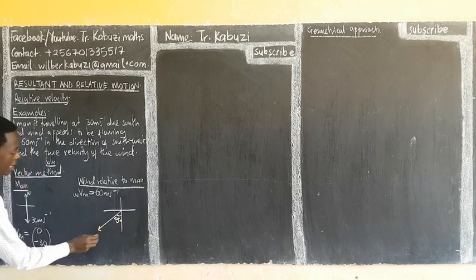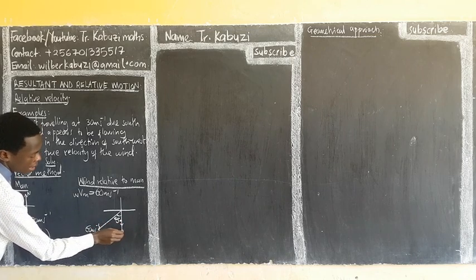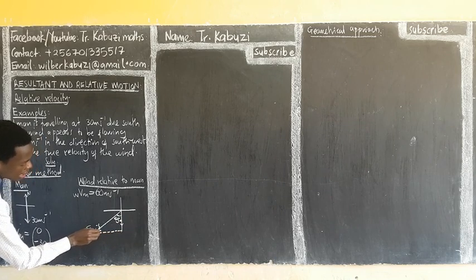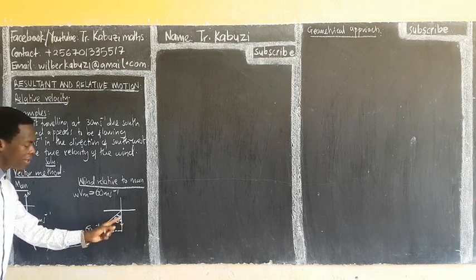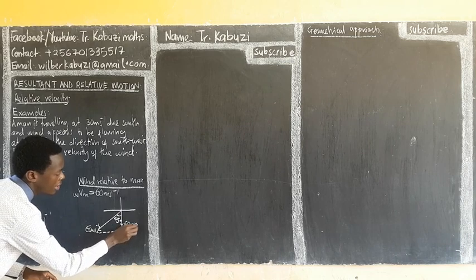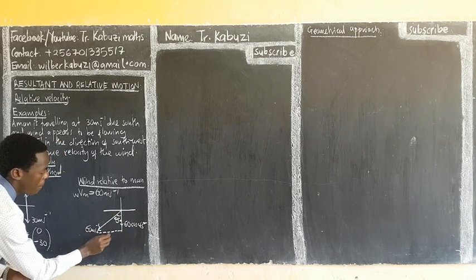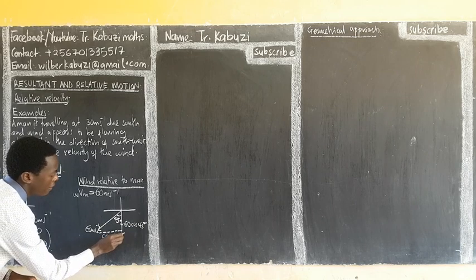So this velocity is 60 meters per second. To resolve this, we shall move down, then move in this direction until we meet that line. So you see this angle, this is its adjacent. So this is going to be 60 cos 45, cos equals adjacent, and this one is opposite, so this will be 60 sine 45 degrees.